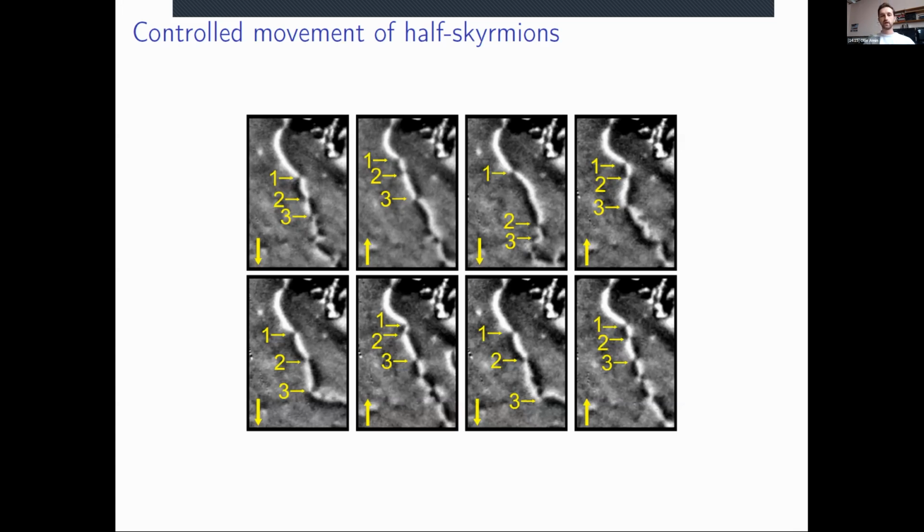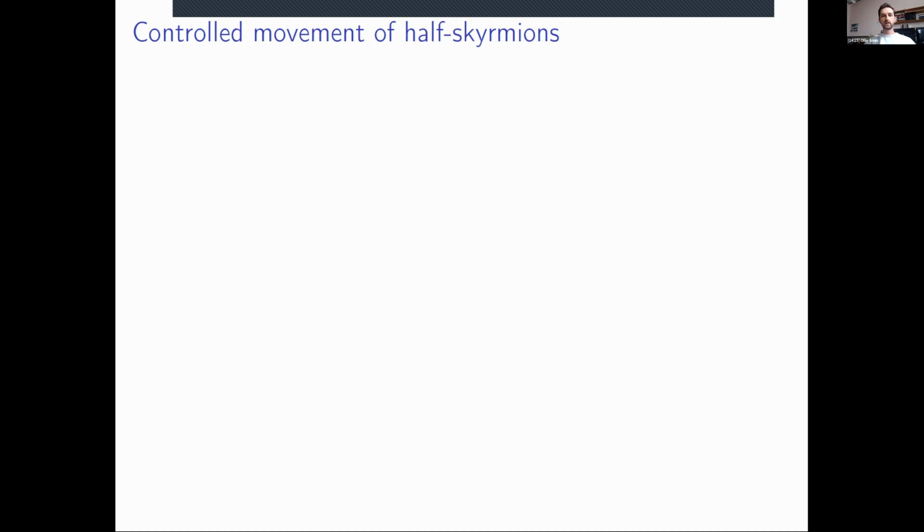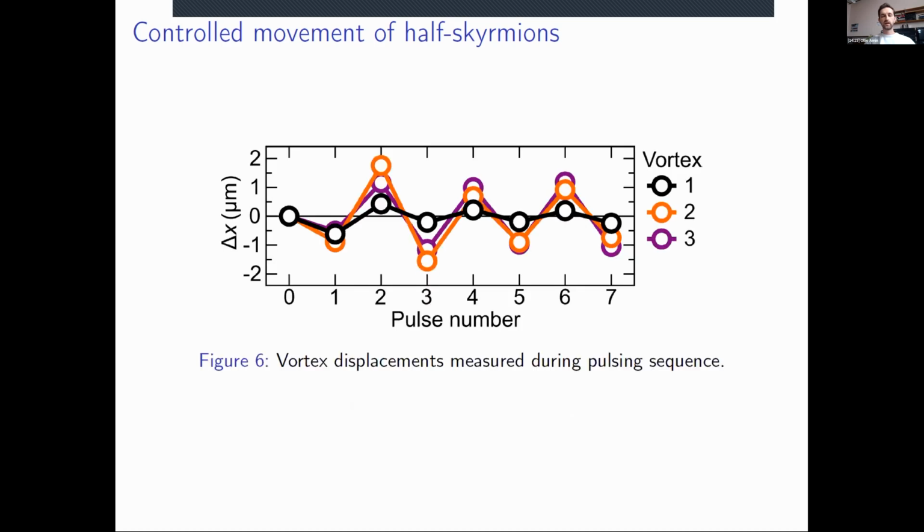And so I was able to measure the displacement with which these vortices move to after each pulse. And we can see clearly here that for those top 3 vortices, there's this repeatable, reversible movement in the direction of the current pulse, which is commensurate with the theory.